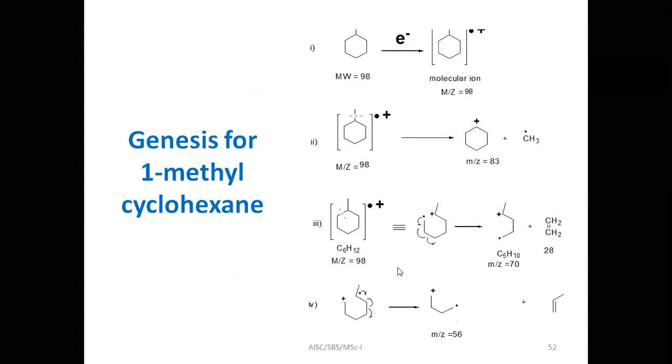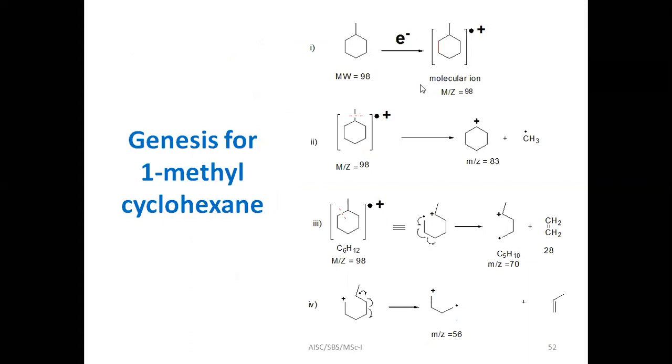Next example, fragmentation for methyl cyclohexane. Cyclohexane we are taking, and it is similar to the previous example, methyl cyclopentane. Here, methyl cyclohexane, one carbon is extra. So the first step, same molecular ion formation, bombardment of electron.